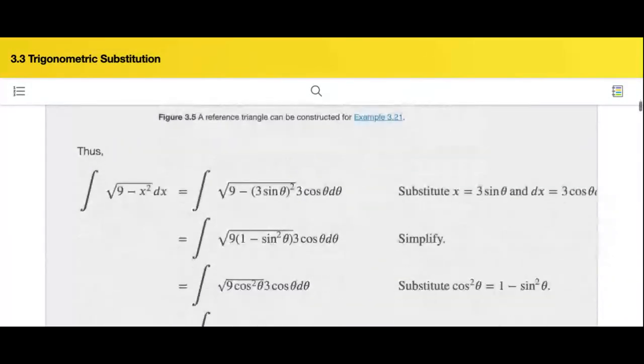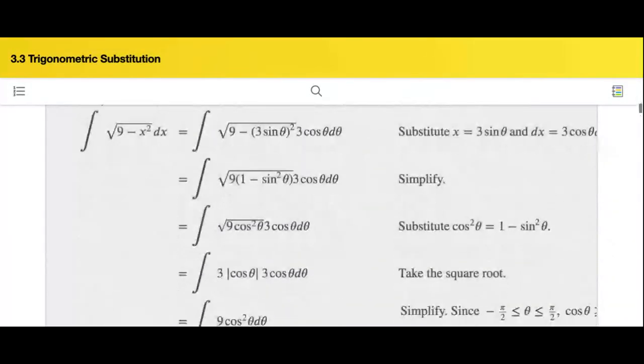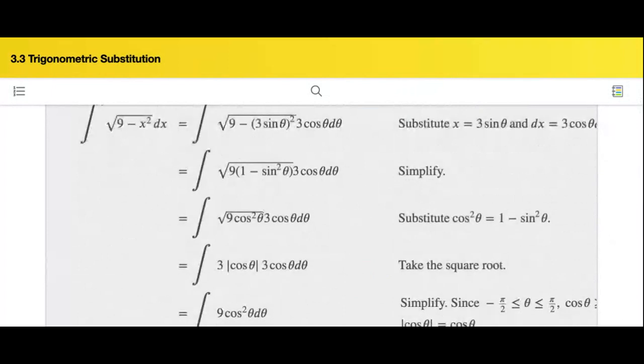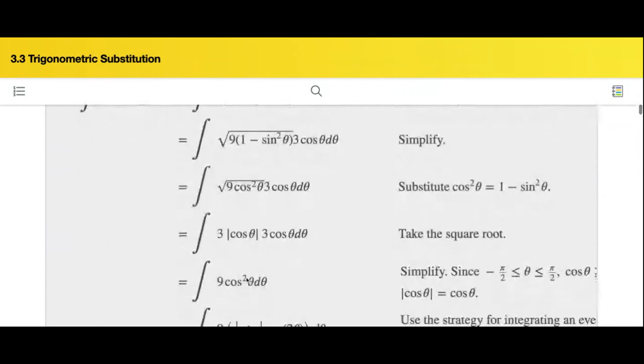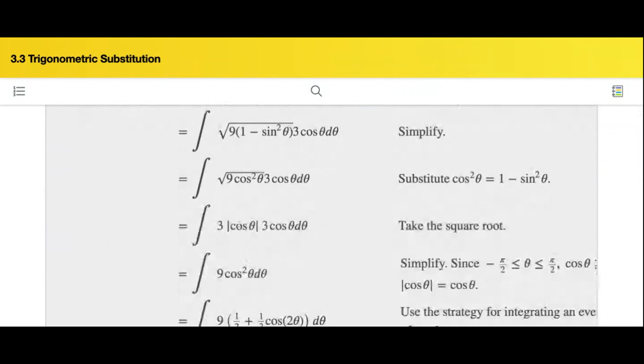We substitute in this. So in the end, because it's under a square root, when we take the square root of cosine squared, we have to put an absolute value, to show it has to be non-negative, because it could be 0, right?